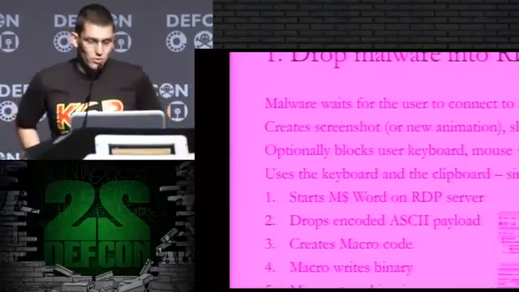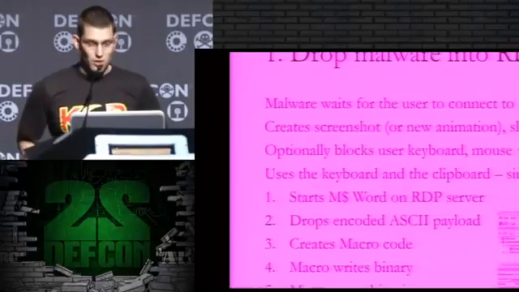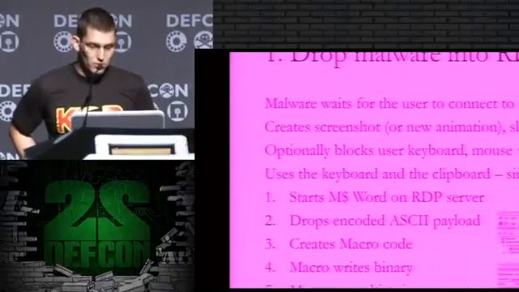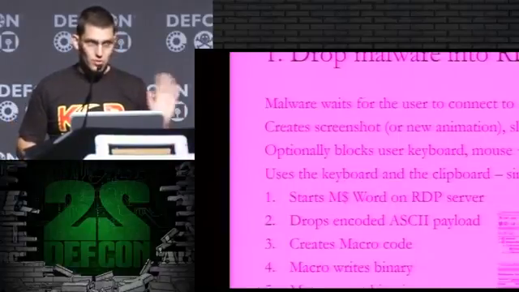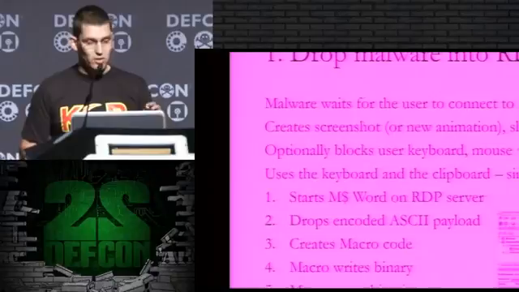So I can start, for example, Microsoft Word on the RDP server, drop some ASCII encoded payload into the Word document, create some Visual Basic macro code, which can write out the binary code I will need, and it will start the binaries. That's the first step. I said that I want to drop my malware into the RDP server, and I'm going to show you at the end how this really looks in practice.